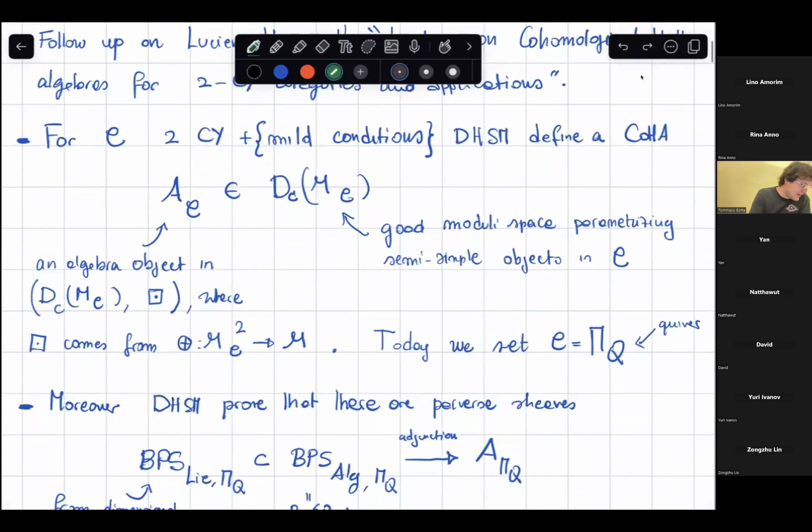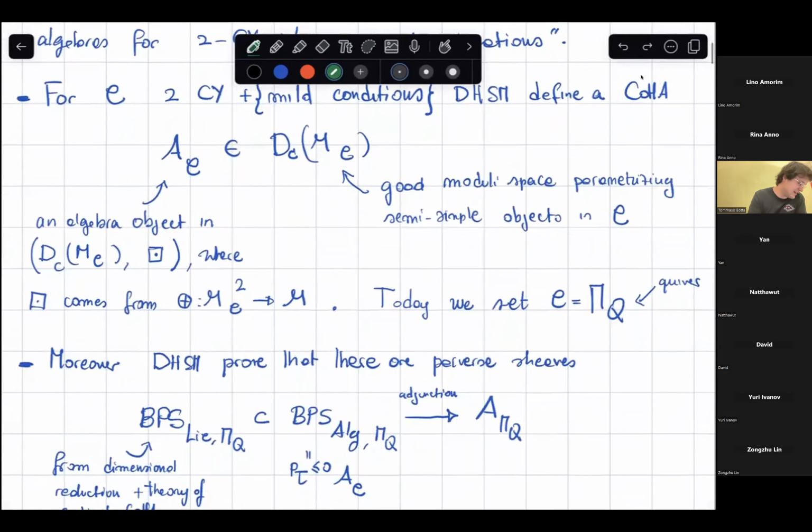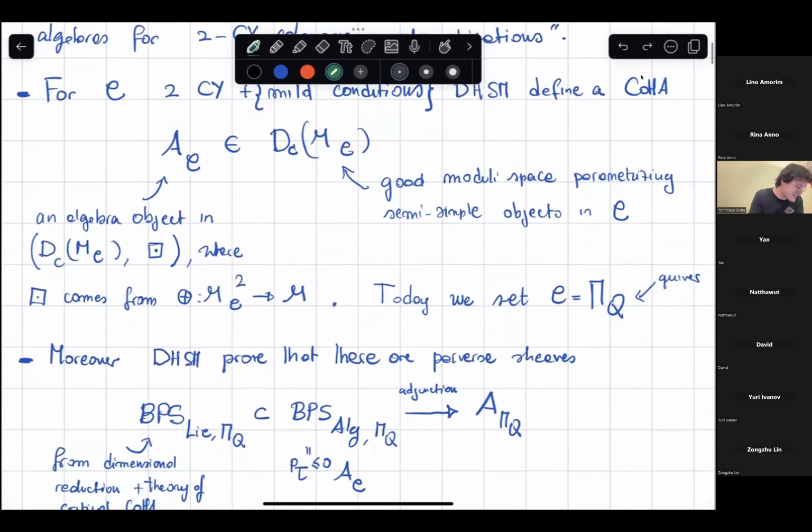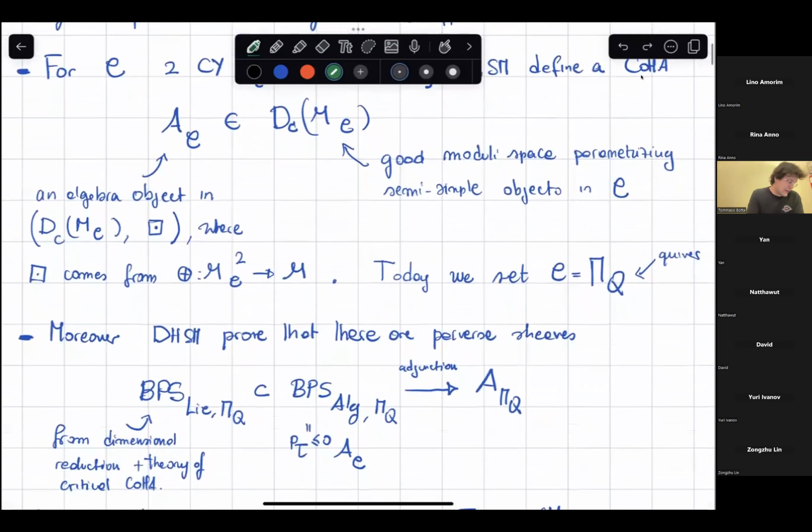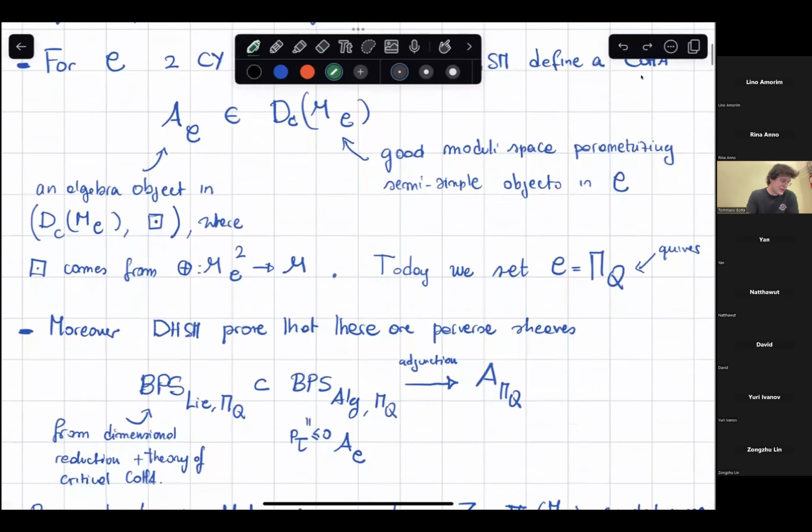In their work, these authors prove that one can study, in particular, two perverse sheaves: the BPS Lie sheaf, the perverse sheaf encoding some kind of Lie algebra, and the BPS sheaf of algebras.